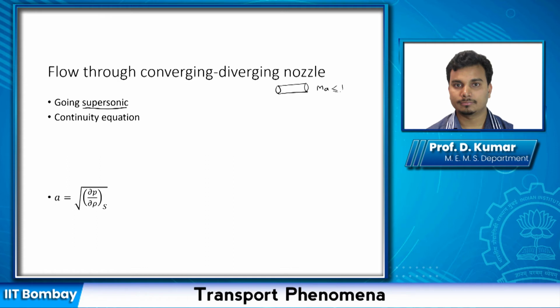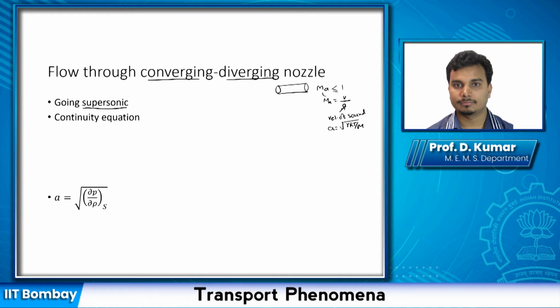You can't go beyond Mach 1. Mach is defined as your current velocity divided by A, the velocity of sound. And we saw that for adiabatic condition you can have this as M. Okay.